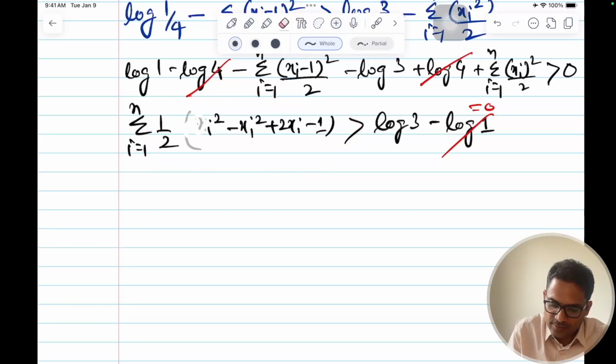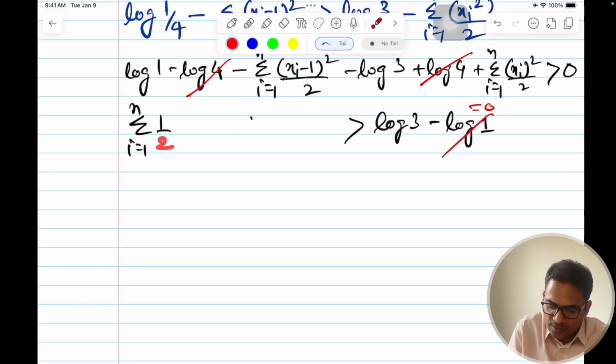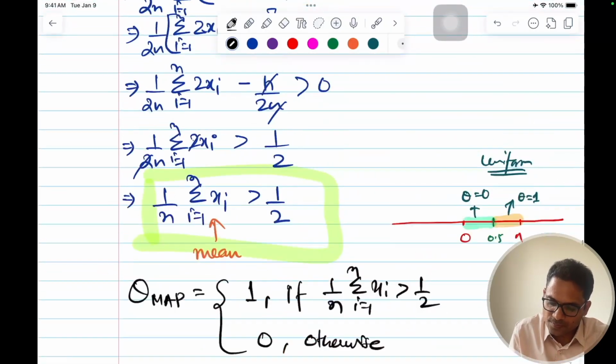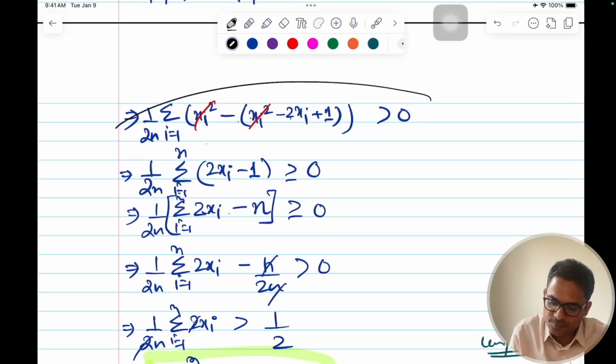Let me write it down in the same format so that it's clear for you: half of sigma i equal to 1 to n, xi square minus (xi minus 1) whole square. This is the same thing.